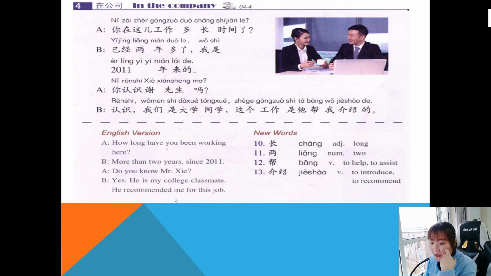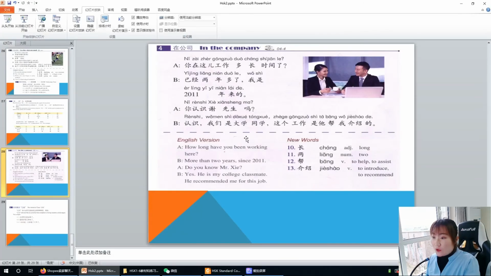So he recommended me for this job. Okay, and new words, let's review. 帮 that means to help, to assist. 介绍 to introduce, to recommend. Okay, this is unit 4.